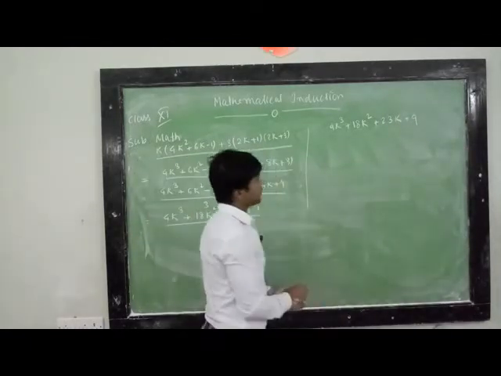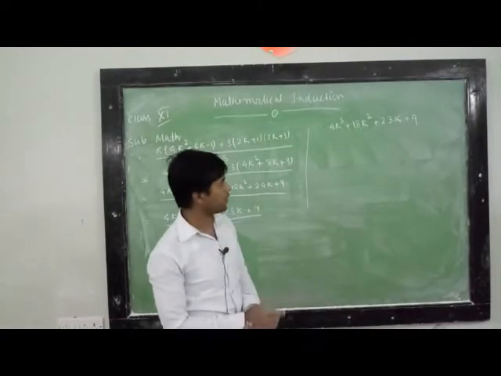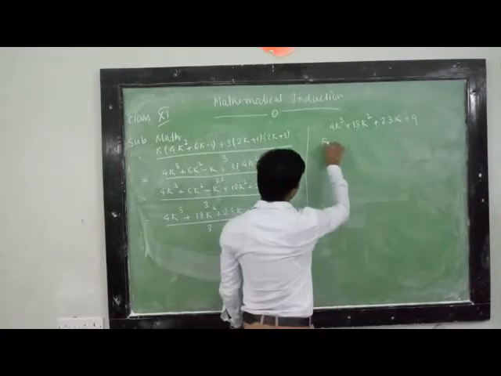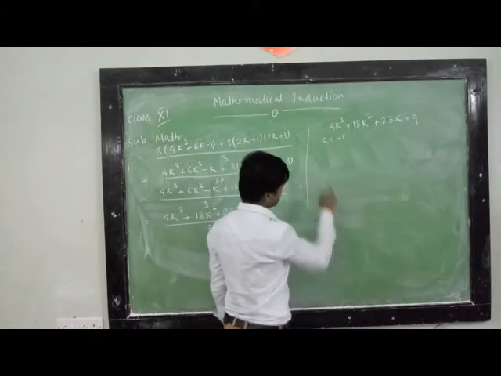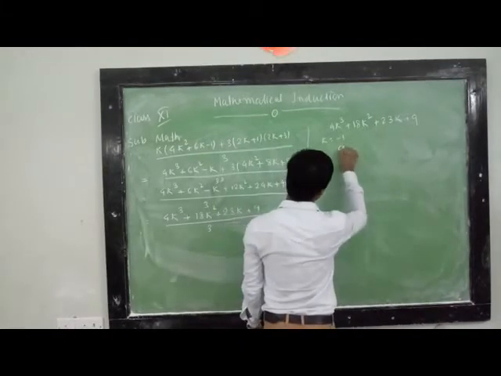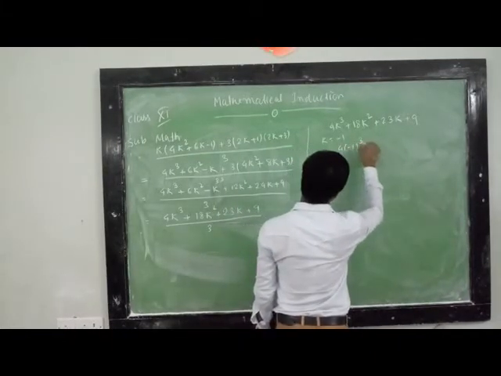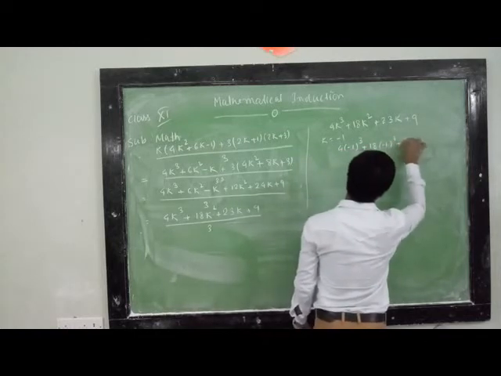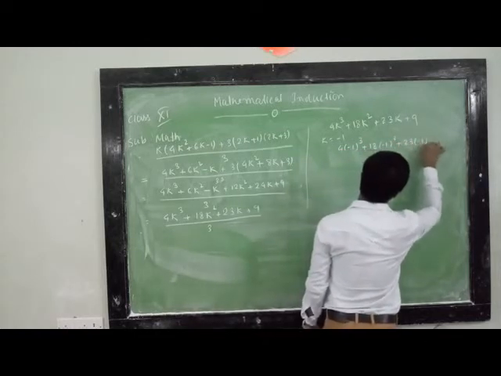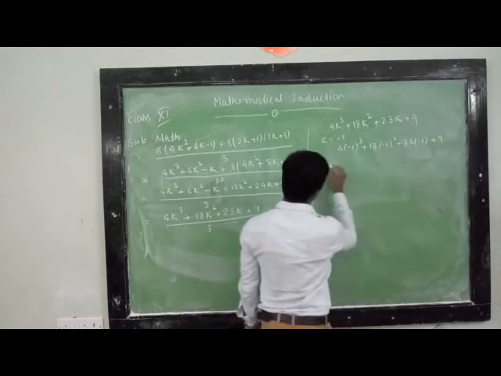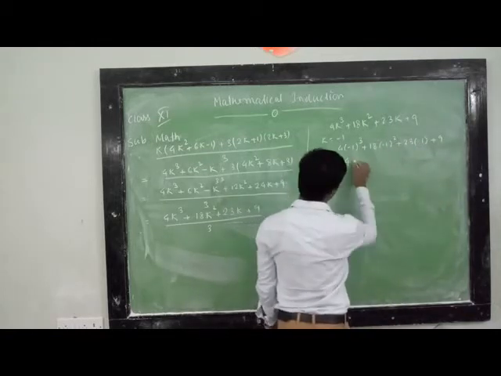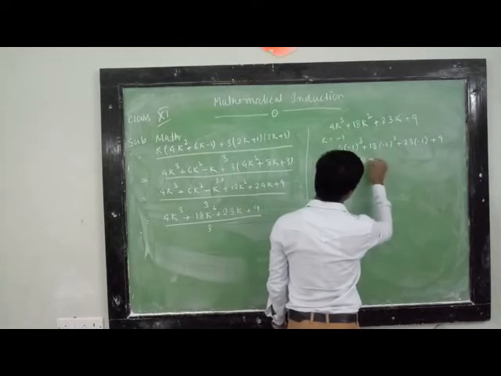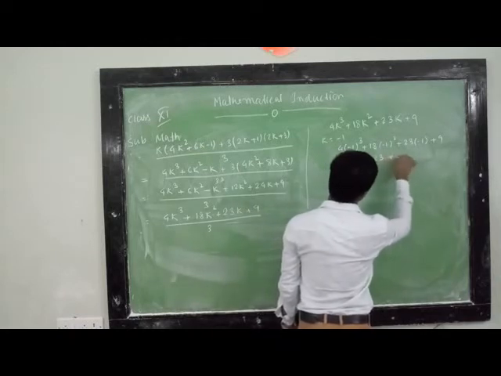Now look, the given expression vanishes if I put k equal to minus 1. So 4 into minus 1 whole cube plus 18 into minus 1 whole square plus 23 into minus 1 plus 9 is equal to minus 4 plus 18 minus 23 plus 9.